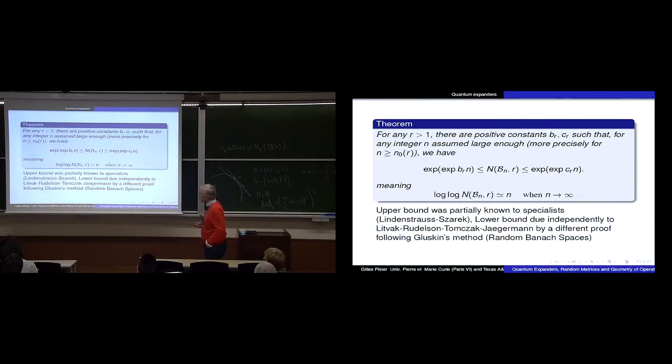And the theorem that I've proved, I was sort of led to prove this because I wanted to prove the analog for operator spaces, the matricial analog of this. And when I did this, I realized that no one had bothered about the similar Banach space case.